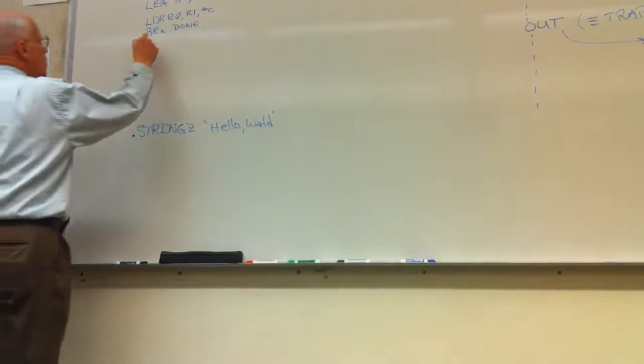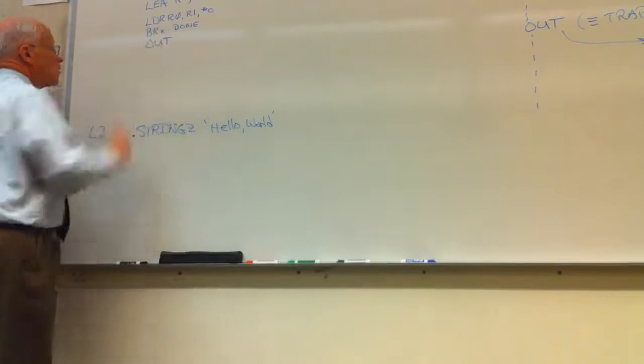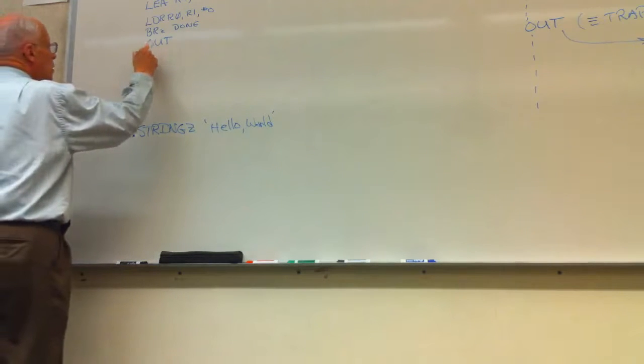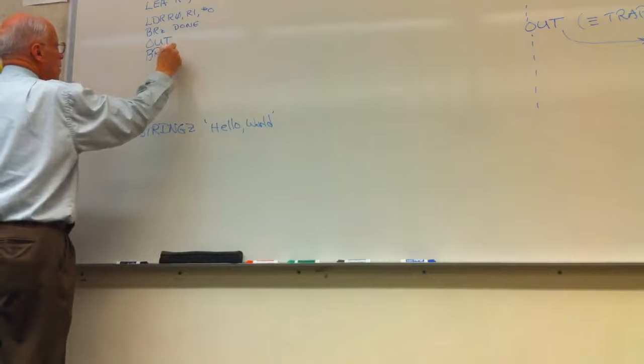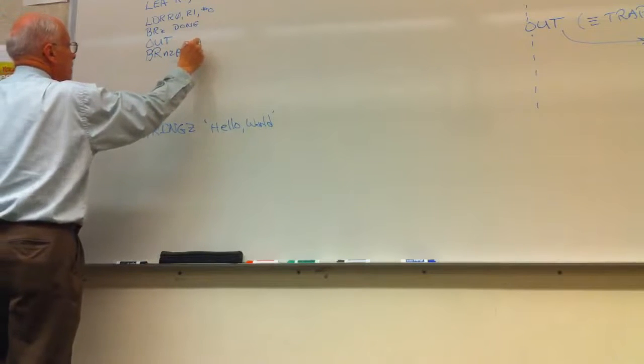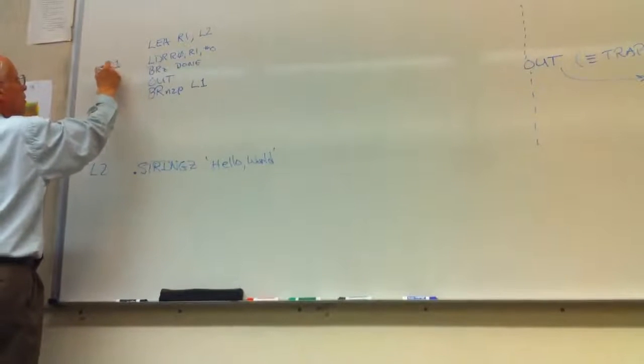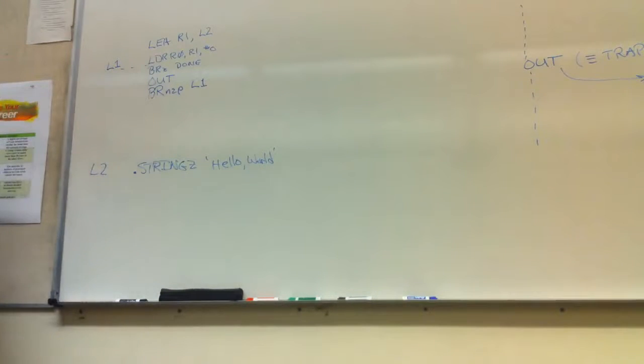Otherwise, I'm just going to print the character that I just loaded into register 0. And I'll put label 1 up here on this instruction.